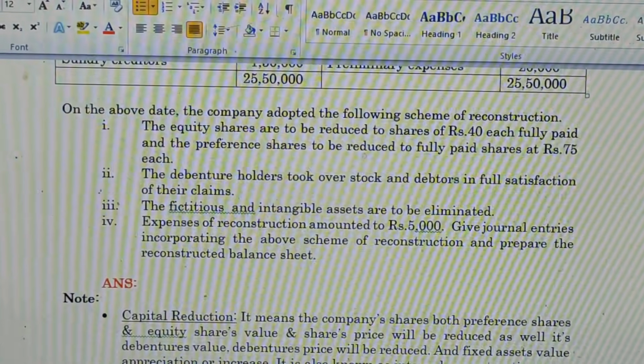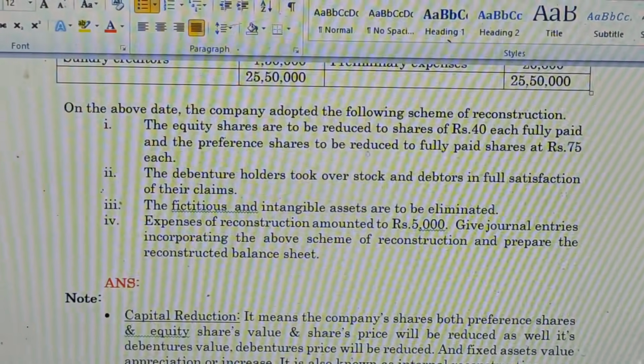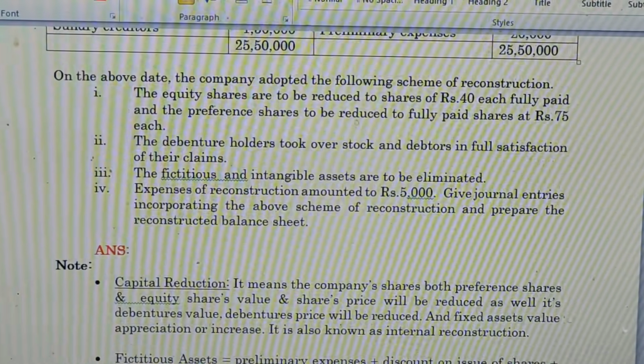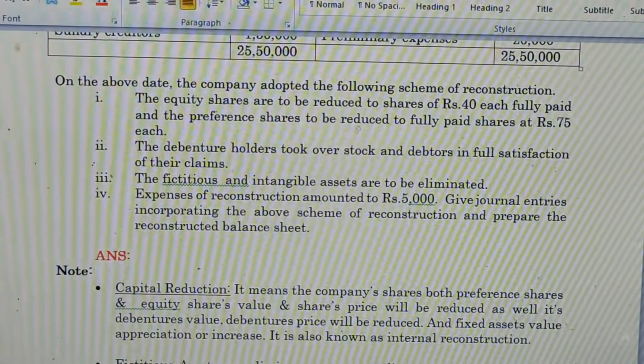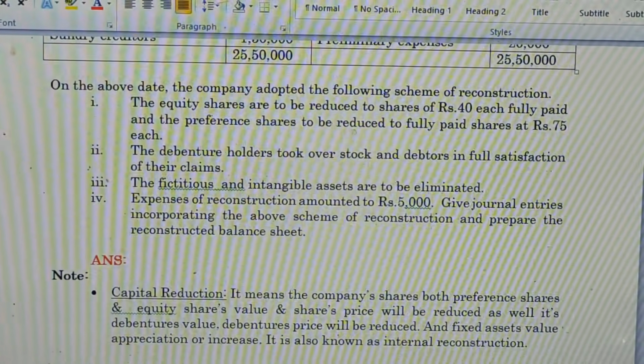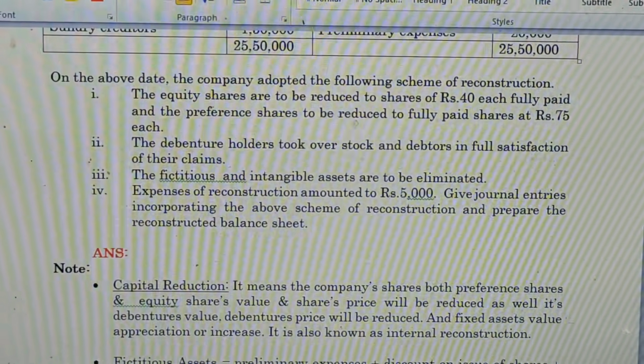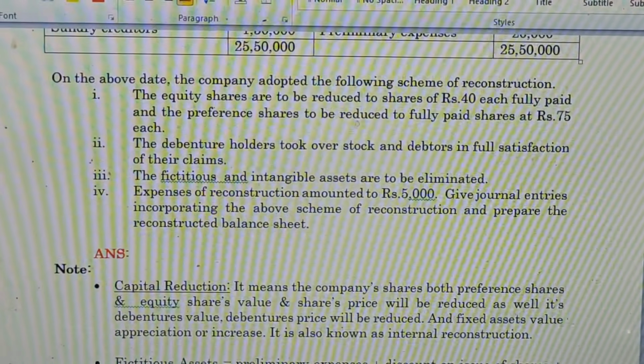On the above date, the company adopted the following scheme of reconstruction. The first point: the equity shares are to be reduced to shares of rupees 40 each, fully paid, and the preference shares to be reduced to fully paid shares of rupees 75 each.